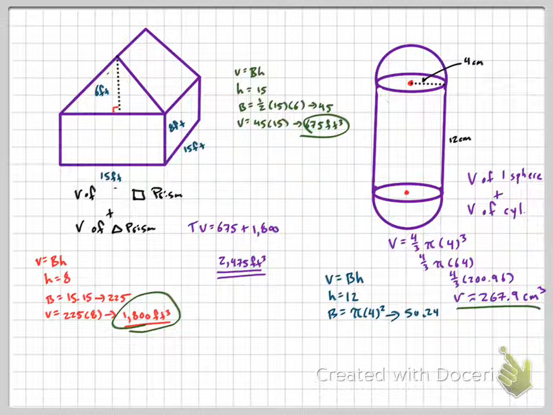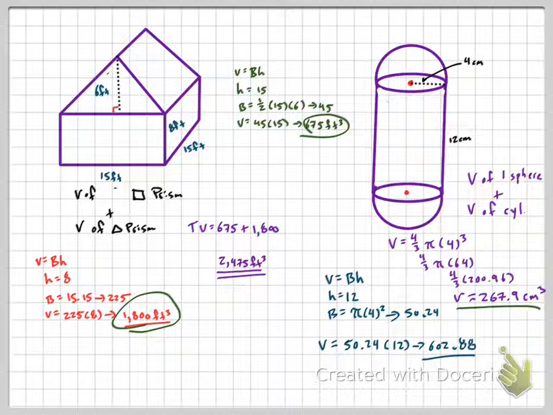So that means then that our volume equals 50.24 times 12. That gives us a total of 602.88.